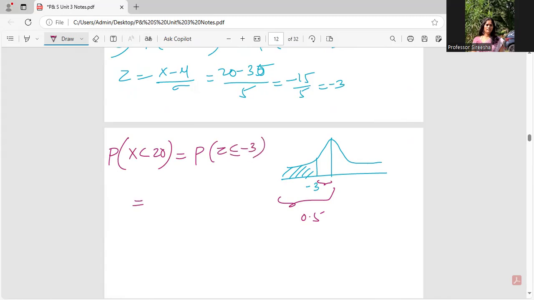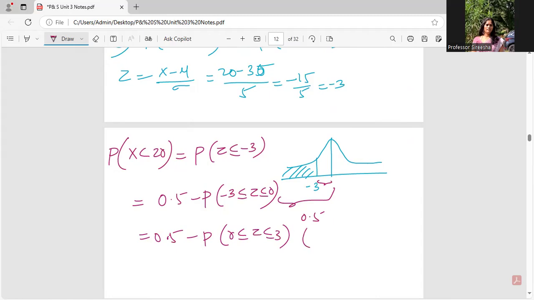This can be rewritten as from 0.5, I'll be removing the area from minus 3 less than or equal to z less than or equal to 0. This is the same as P of 0 less than or equal to z less than or equal to 3, by symmetry of the normal curve. So I'll be getting 0.5 minus this area.